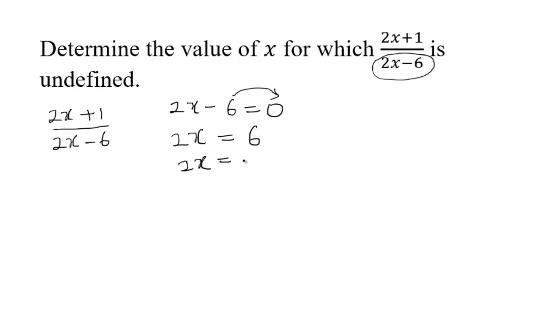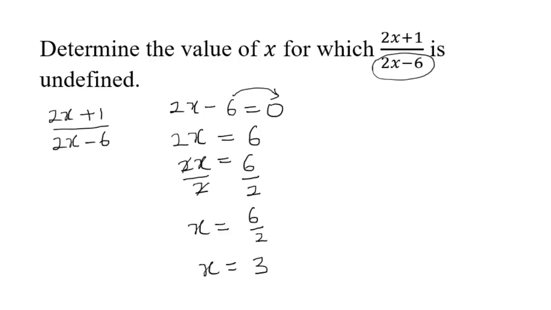So 2x is equal to 6, divided by 2 here, divided by 2 here. The 2 cancels out the 2, and x will be equal to 6 over 2. When you divide 6 by 2, the result is 3. So when x is equal to 3, the whole expression becomes undefined. In other words, the denominator will be equal to 0.